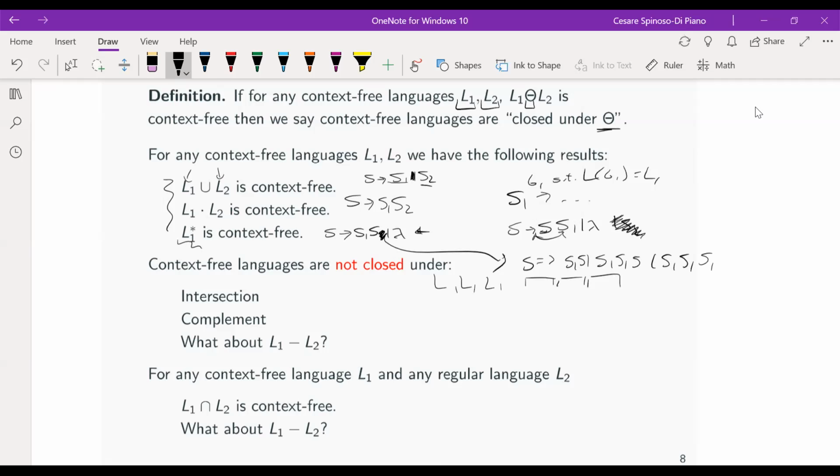That's the same thing as doing S, then S, S1, then S, S1, S1, and then S1, S1, S1, and then lambda. So I actually don't think it matters for this particular case. So that answers Ryan's question. Good question.